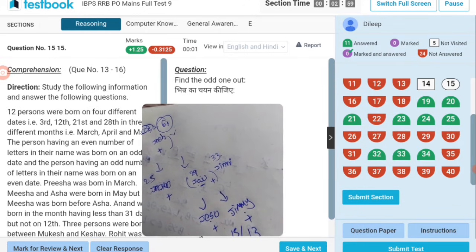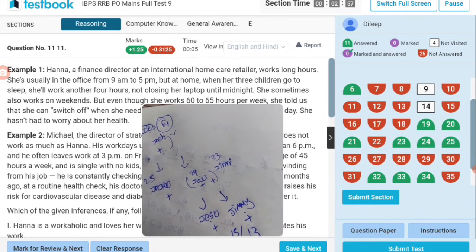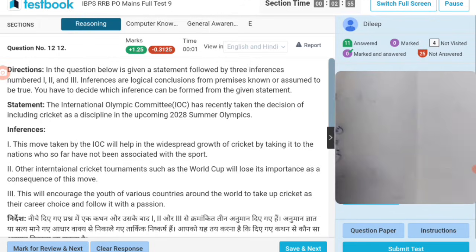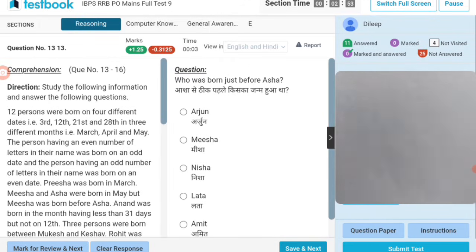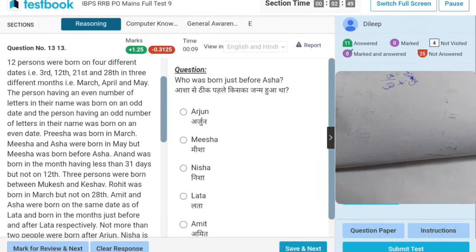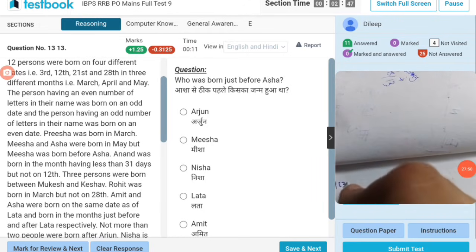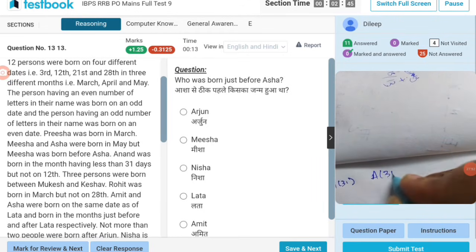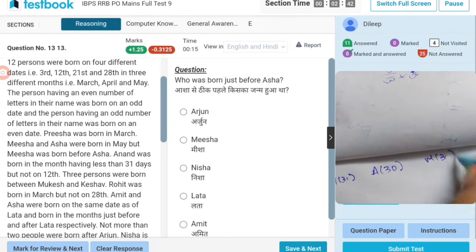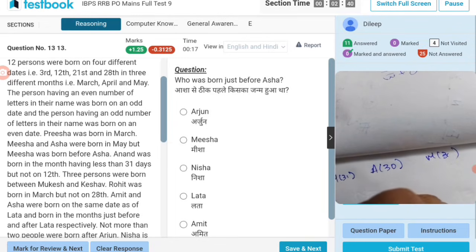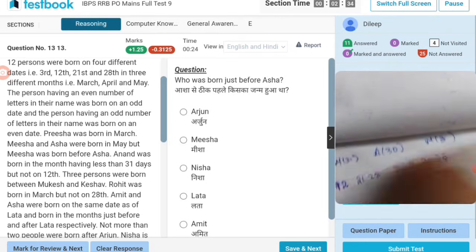Next one. So 12 persons were born. So March 31st, April 30 and May 31st. 3, 12, 21st, 28.